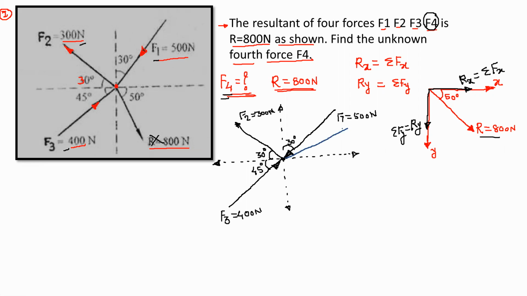It lies in the first quadrant. This is F4, and assume the angle with respect to the x-axis as theta 4. Here the angle theta 4 is unknown, and even the magnitude of the force F4 is unknown. So we have to find out the force F4 and its angle, that is theta 4.